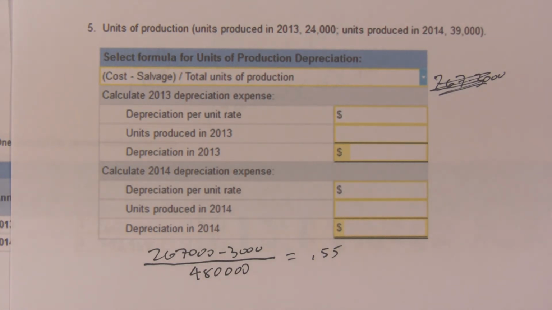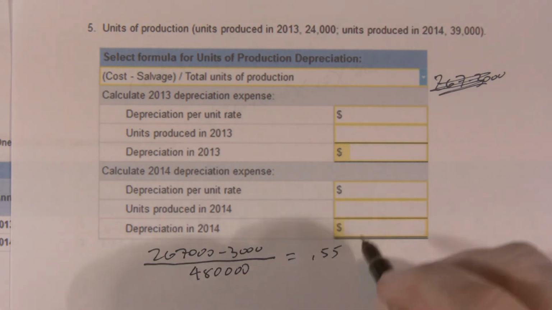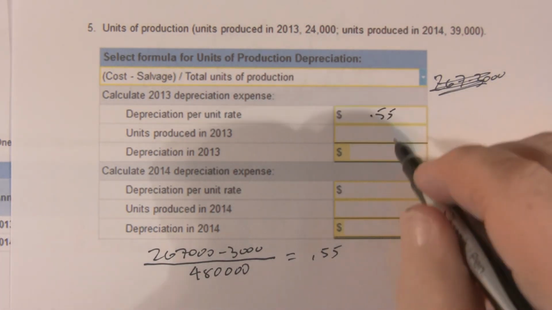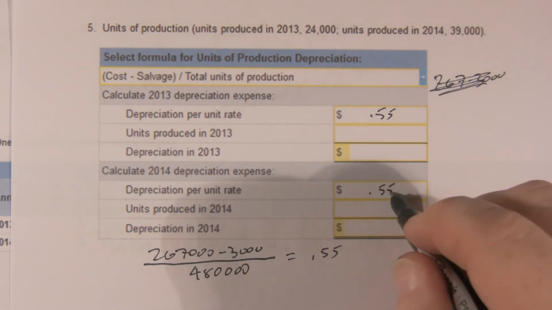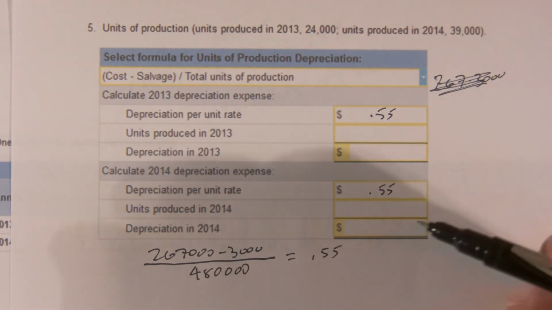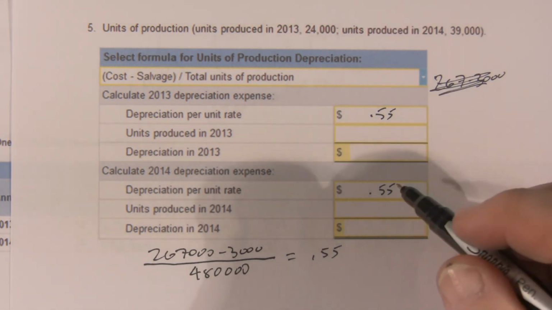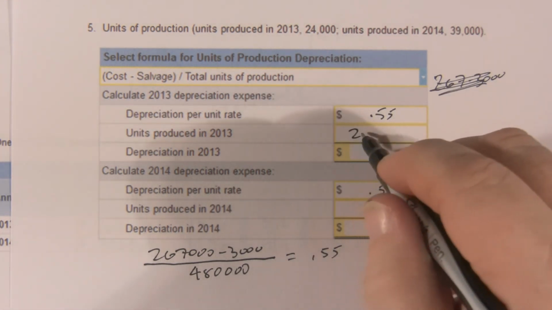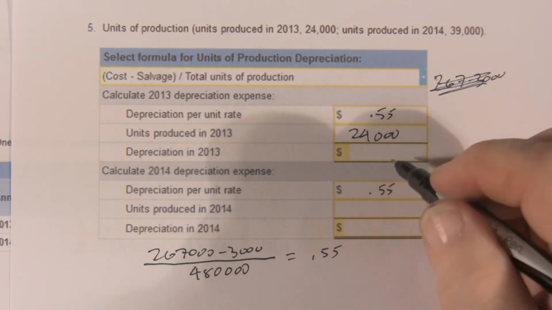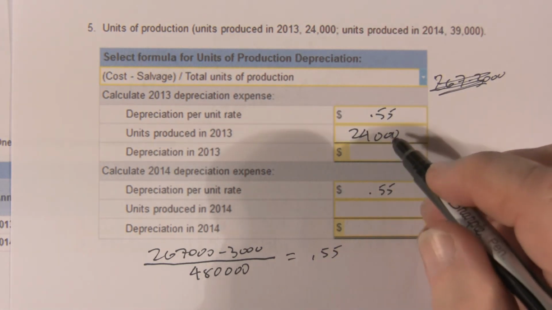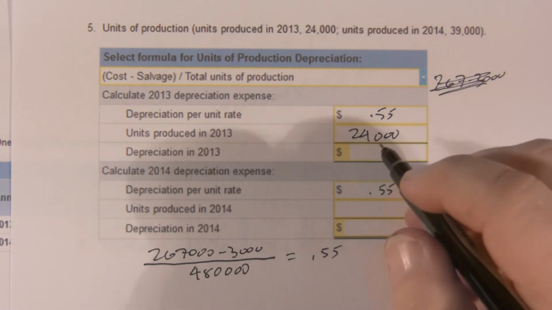The only thing that you have to be careful of is you have to make sure that you multiply the cost per unit by the number of units produced. And in 2013, they tell us they produced 24,000 units. You multiply that, 24,000 units times 55 cents per unit.